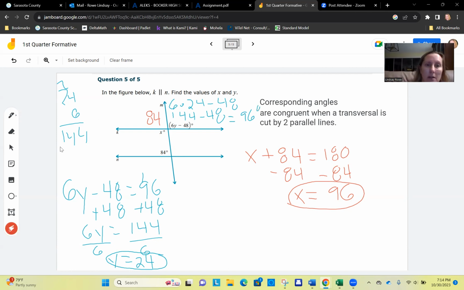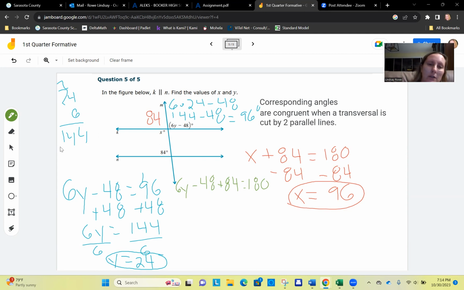I will say that if you prefer to do it this way, there's nothing wrong with that. And I'm going to do that in green just really quickly if you want to see it. There's nothing wrong with saying that 6y minus 48 plus 84 equals 180, right? Okay, so 84 minus 48. I'm just going to subtract 50 and then add 2 more.